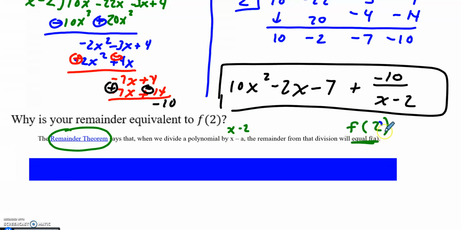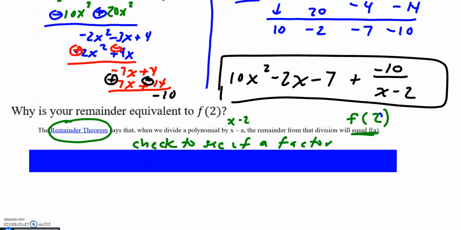And this is a good way to check to see if something is a factor or not. So I'm also going to write a note, check to see if a factor. I know that's not a perfect sentence, but that's what the remainder theorem is saying, that you can check to see if something's a factor before you start.